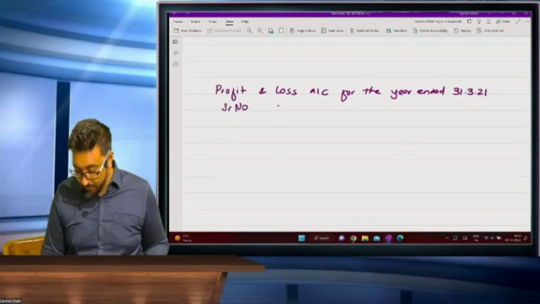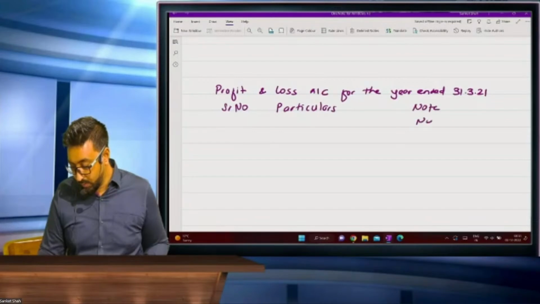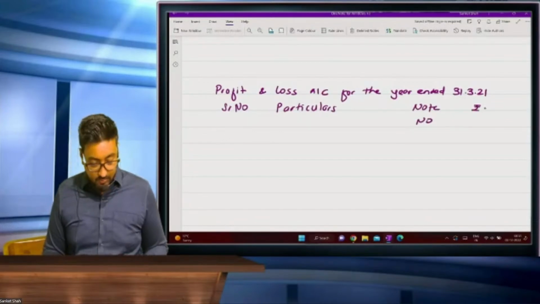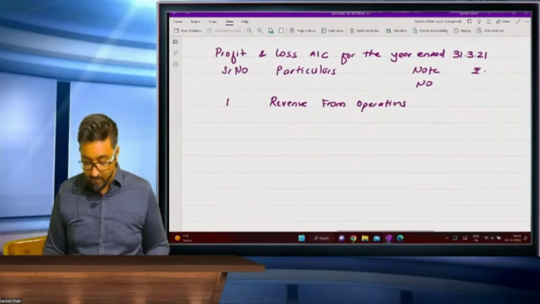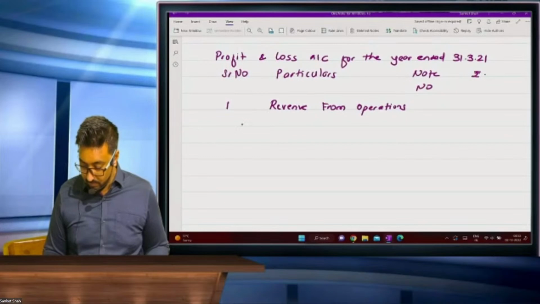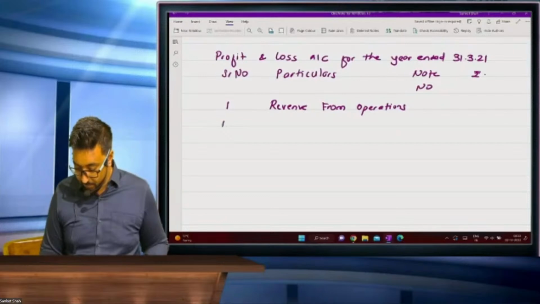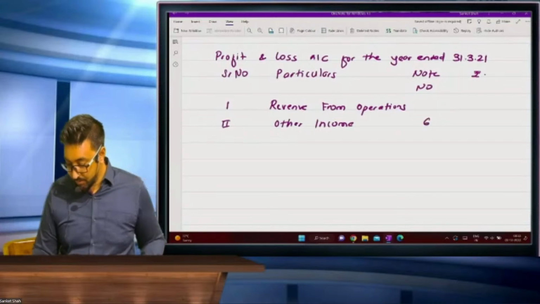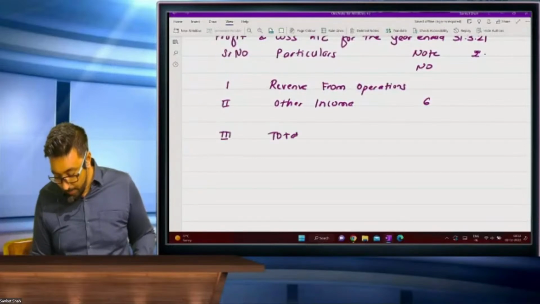Serial number, particulars, note number, rupees. Revenue from operations, that is sales. Roman 2, other income, note number 6. Roman 3, total revenue, 1 plus 2.